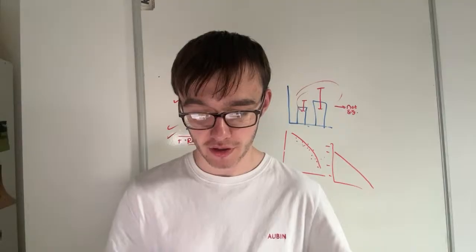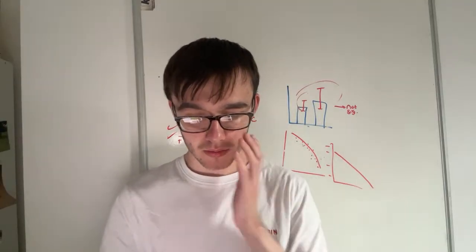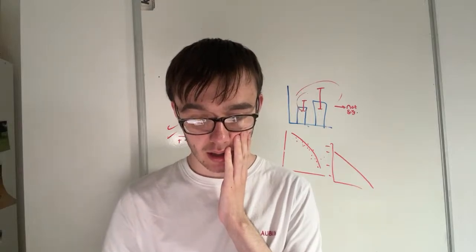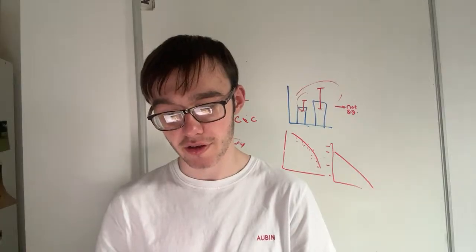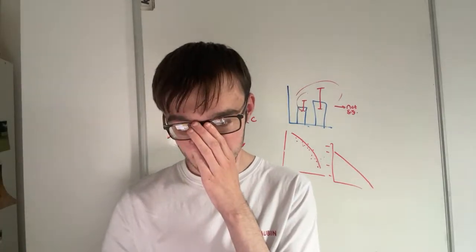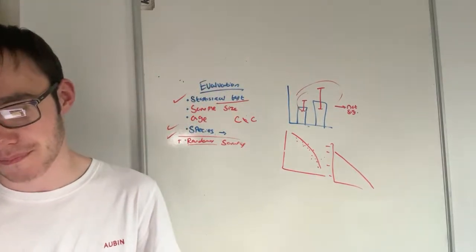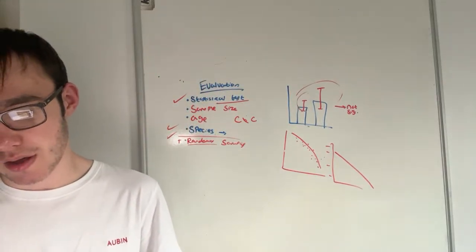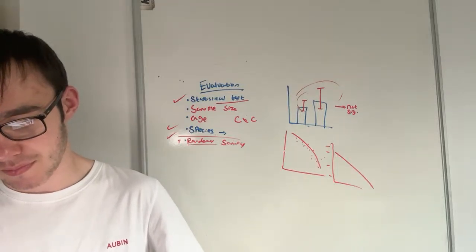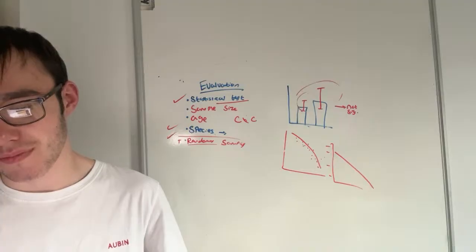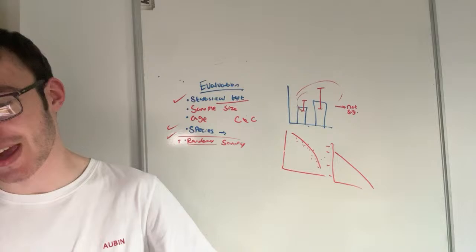For context, an A star in 2018 was 166 total marks. Last year, if you got 166, you would have just scraped an A. That's lethal. You would have gotten a C in 2024 if you got an A in 2021.